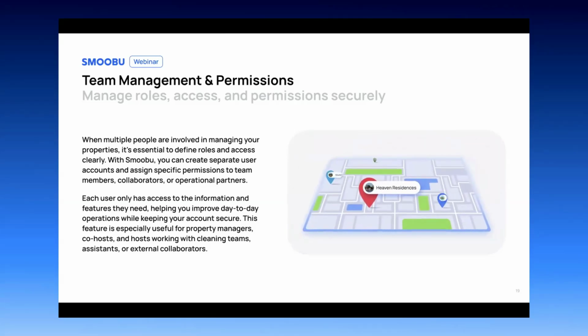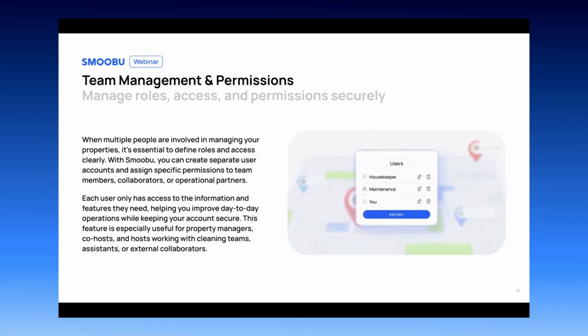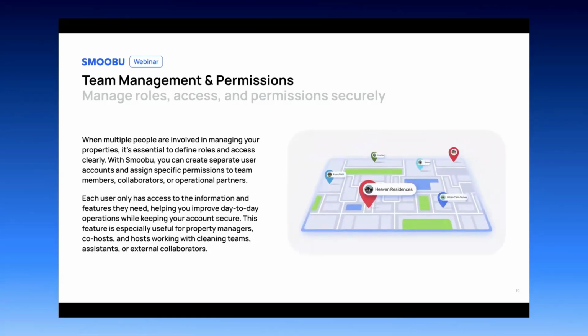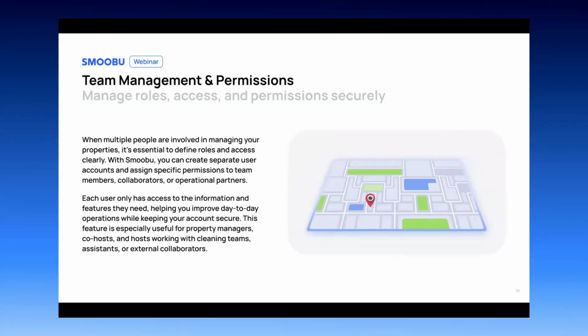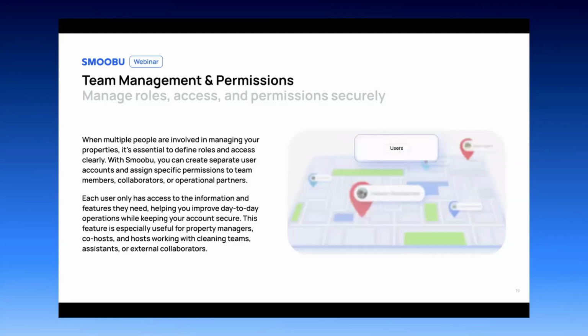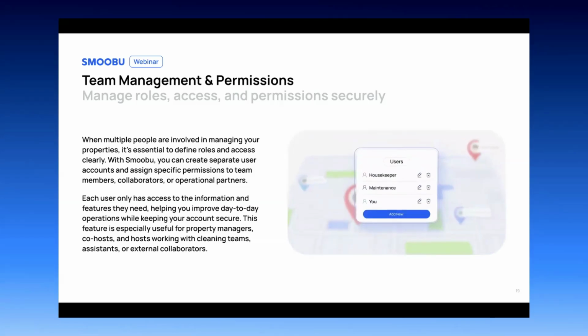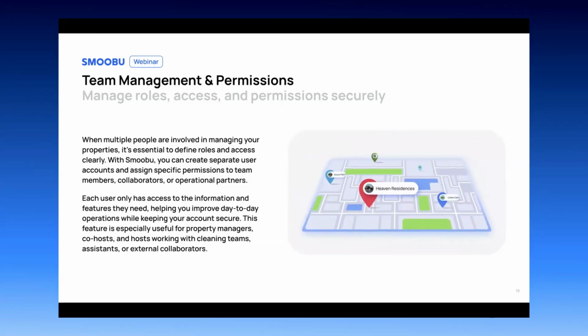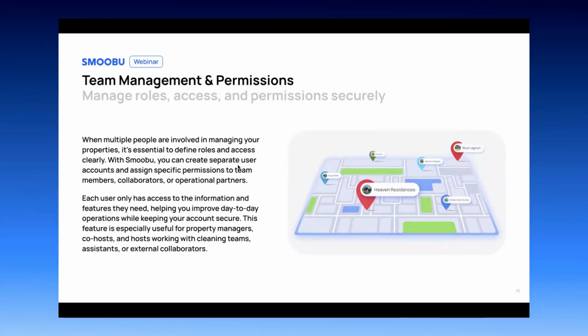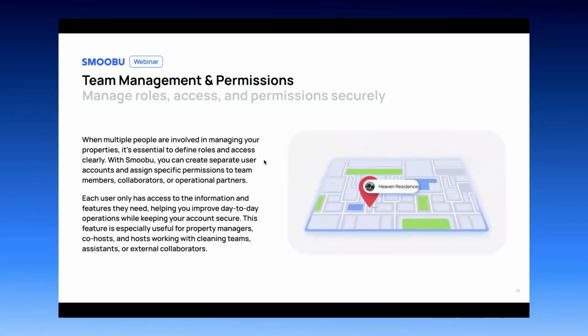If you have multiple properties, you'll also be able to make bundles of properties, so to say. So, for example, if you have a few housekeepers that take care of certain properties, you'll be able to remove all the rest. This feature is especially useful for property managers or co-hosts and hosts working with cleaning teams, assistants, or external collaborators.